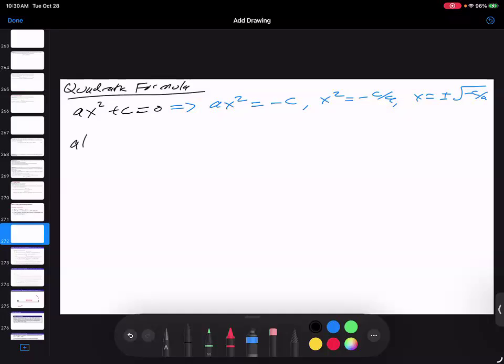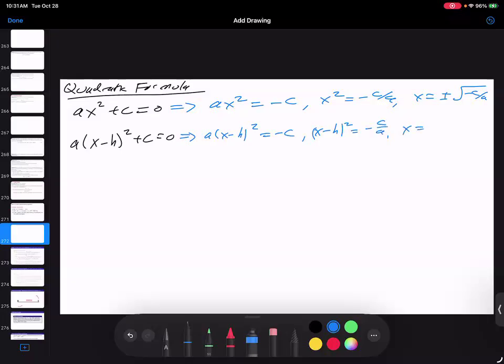If I give you a(x minus h) squared plus c equals 0, the solution is almost identical. It's (x minus h) squared equals negative c over a.